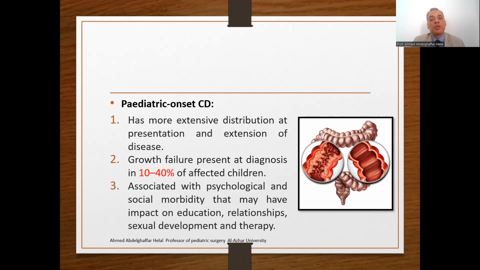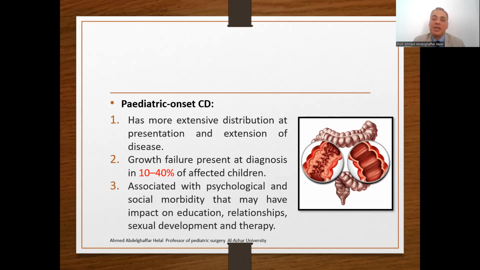Also, pediatric onset Crohn's disease is characterized by, number one, more extensive distribution at presentation, and the extension of the disease is also more extensive than in adults. Number two, growth failure is present at diagnosis in about 10 to 40% of affected children.